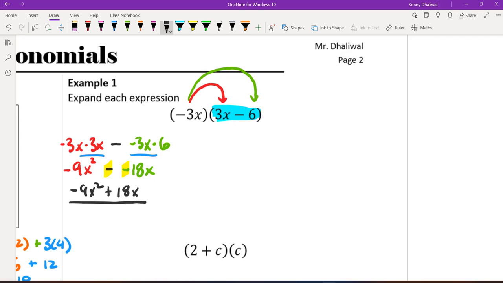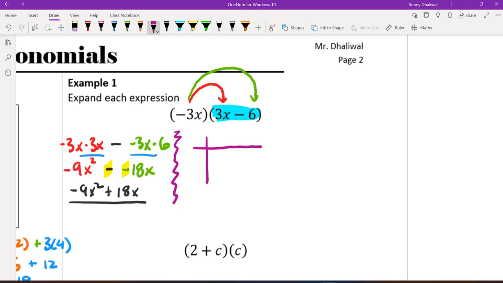Now for the people who are more visual, you can use something called the area method. And to do that, we set up a times table. You take your single term here.